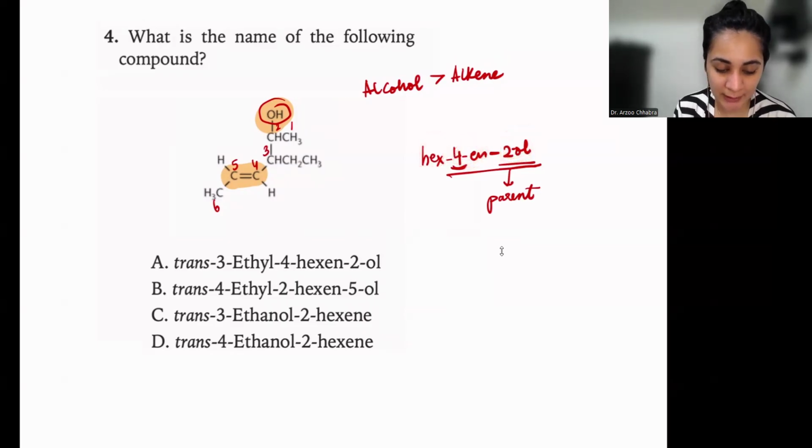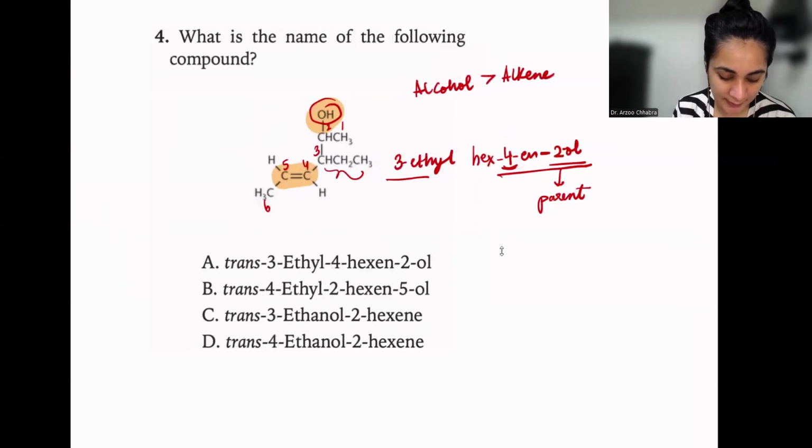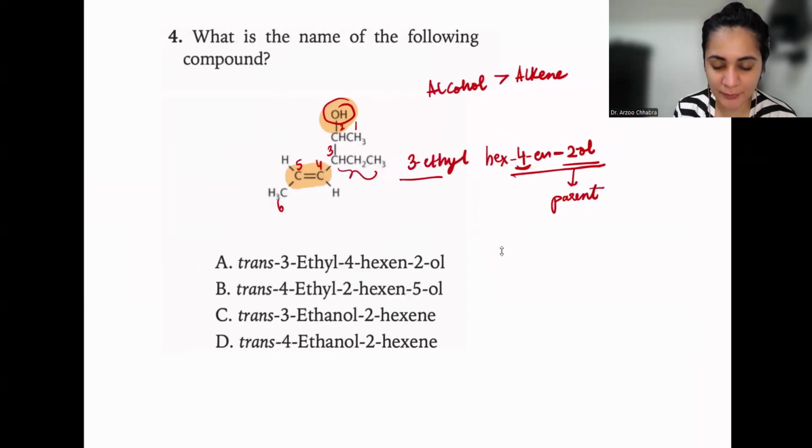And now just write the name of your substituent. So then we've got at the third position, an ethyl group. So it will be 3-ethyl. Okay, and then I think trans, we don't really have to think about that. All of them are trans options anyways, and we do see the groups that are higher in molecular mass, right?